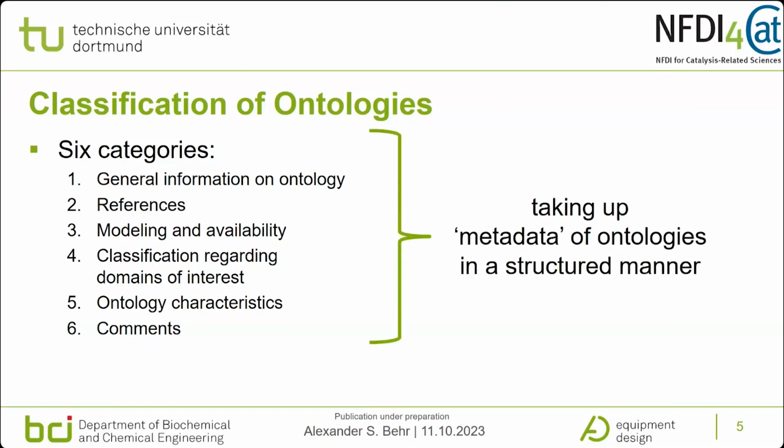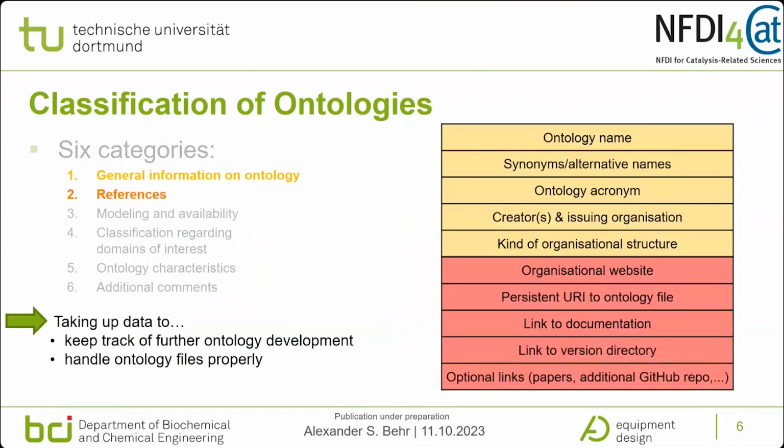So basically, we aimed to take up metadata of the ontologies in a more structured manner. And to show you briefly which fields we took up, I've prepared some slides here. So the first 2 parts would be the general information on the ontology. There we listed, among others, the ontology name, some alternative names if there were any, the acronym, which is kind of useful as most of us refer to ontologies by their abbreviations rather than the whole names of the ontologies, creators, and things like references, for example, the persistent URL to the ontology file or links to documentation and so on.